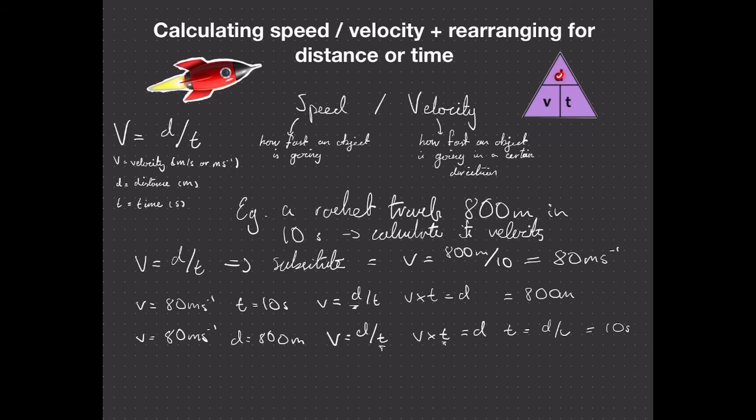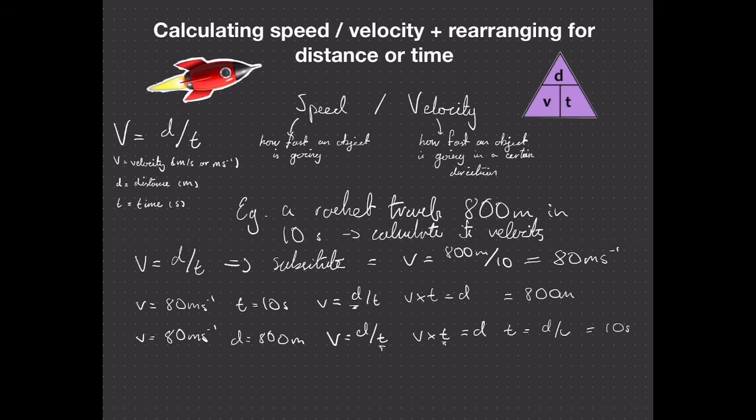So I'm going to cover distance, and I'll say that my distance equals velocity times time, which we have calculated from rearranging the equation, and we know is going to work. If we're looking for time, we do the same thing. We cover t, and we can see t equals d over v, which we calculated when rearranging the equations, and we would get our answer.